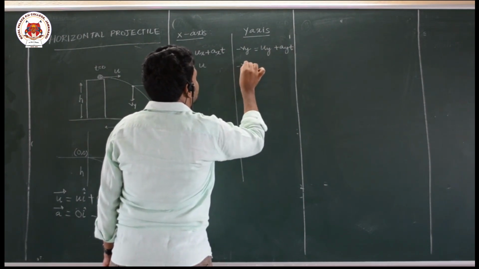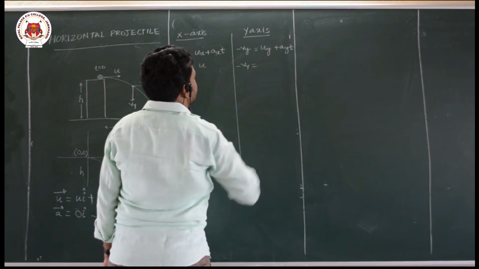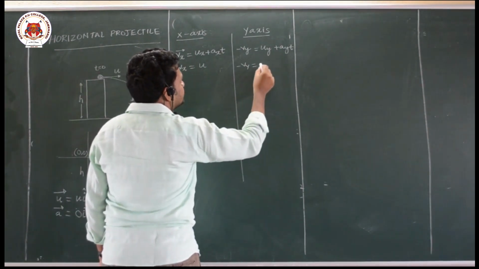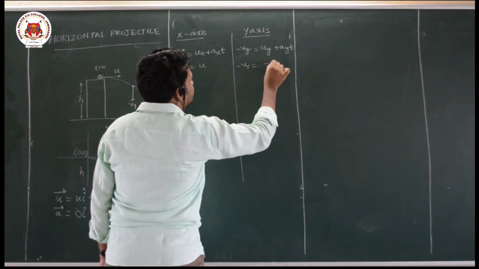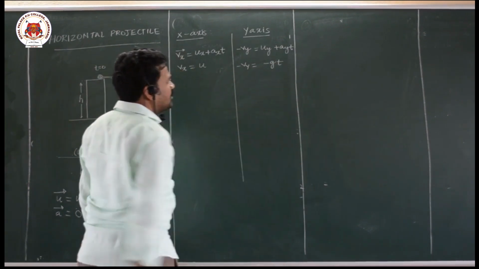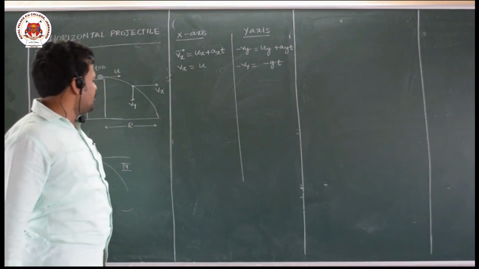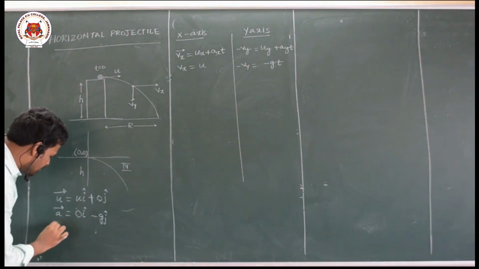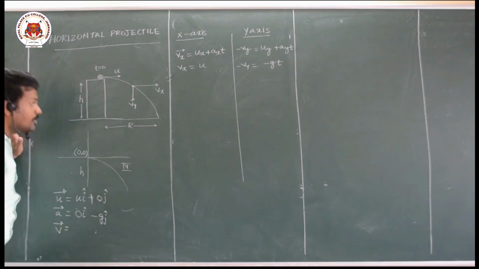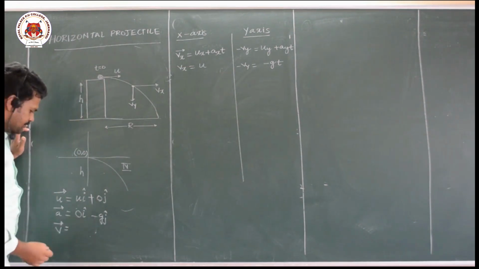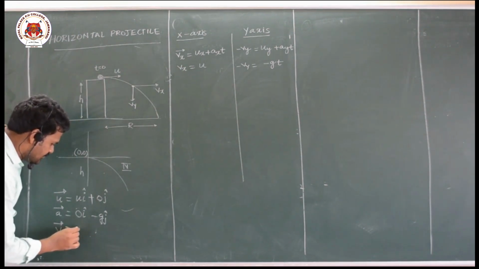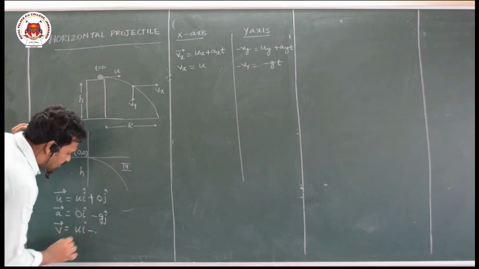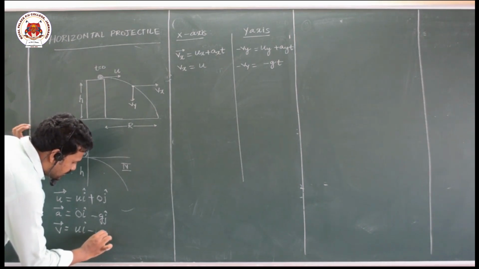This is minus g, so minus Vy is equal to minus g t. So, Vy is equal to g t, but according to our coordinate axis V bar is equal to u i cap minus g t j cap.